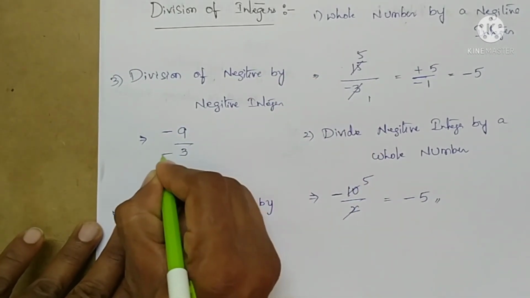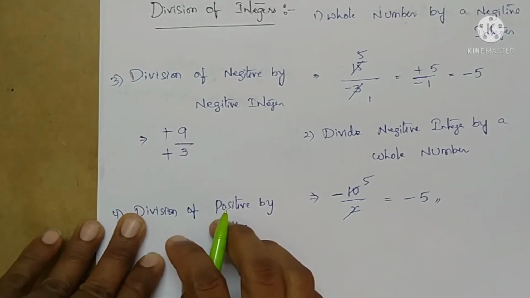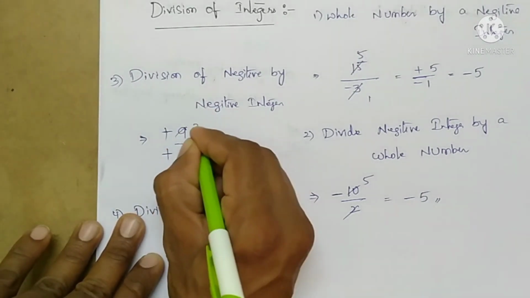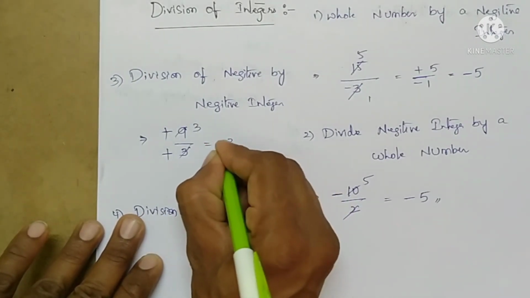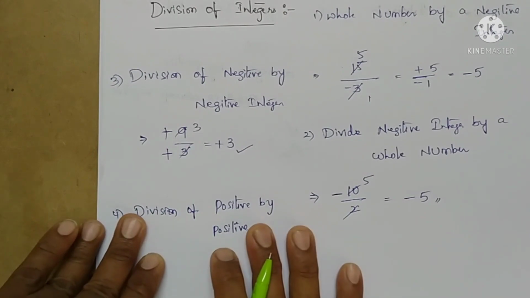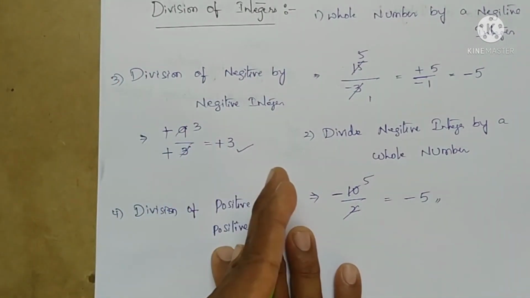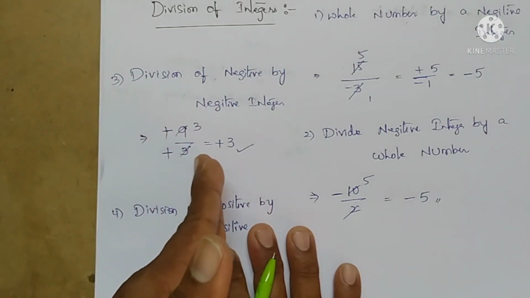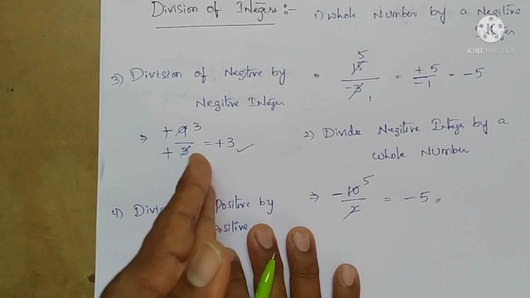So minus 9 by minus 3. Here the minus signs both cancel. So 3 3s are 9, right? So the resultant is a positive integer. The division result of a negative by a negative integer is a positive integer, so we always give a positive sign for the quotient.